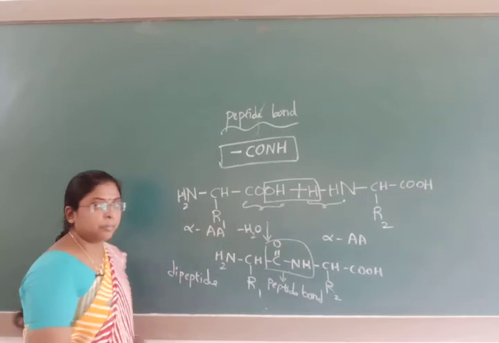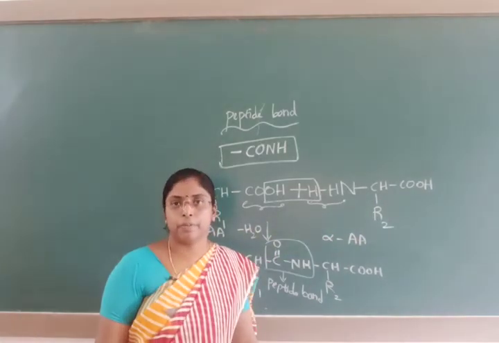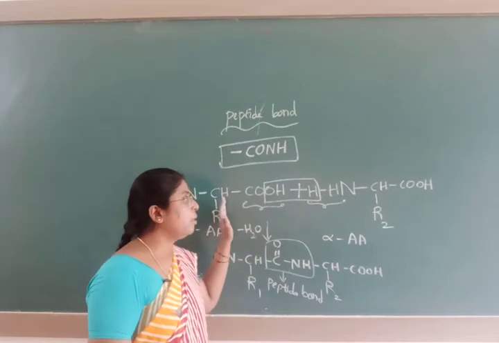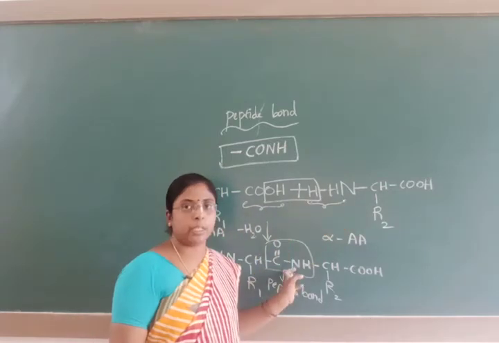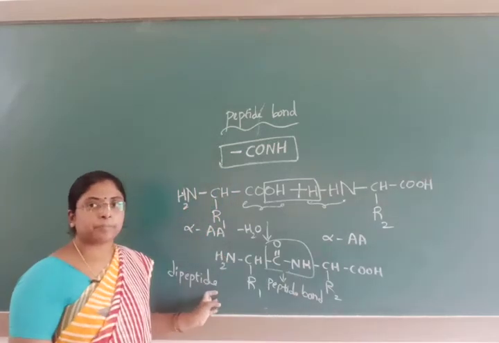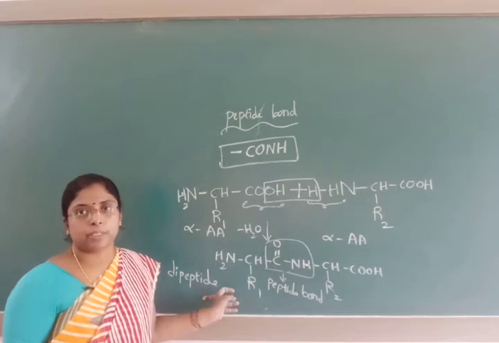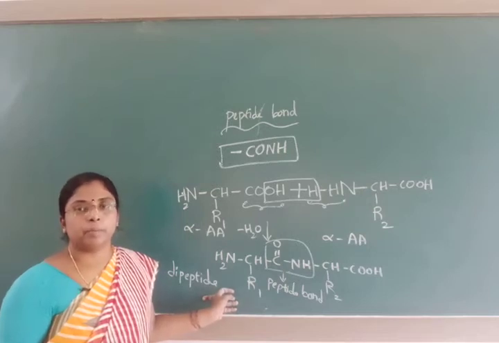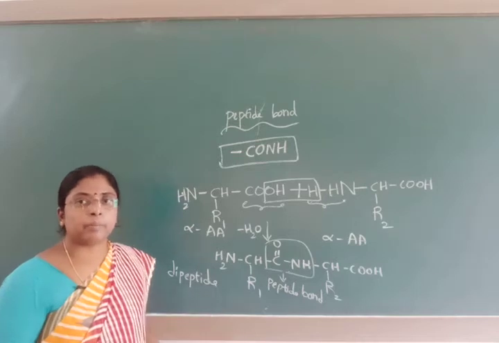They may be the same amino acids or different amino acids. Two amino acids react and form a peptide linkage. The compound is known as a dipeptide. If three amino acids combine, it is known as a tripeptide. It may be the same or different. If four amino acids combine, it is a tetrapeptide.